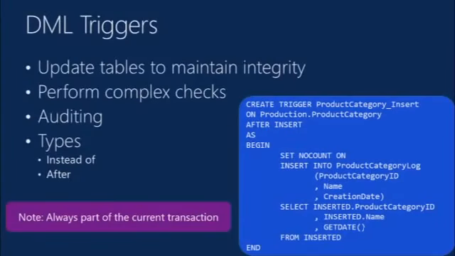Indeed. Constraints are a great way to make sure we've got valid data in the database, but there are times when we have to go to triggers, either because the validation rules we're trying to enforce are more complicated or something I can't do with a check constraint. One of the things about triggers as opposed to a check constraint is that a constraint is able to look at values in a column, like unique, or at values inside of a given row, like a check constraint that the ship date is on or after the order date.